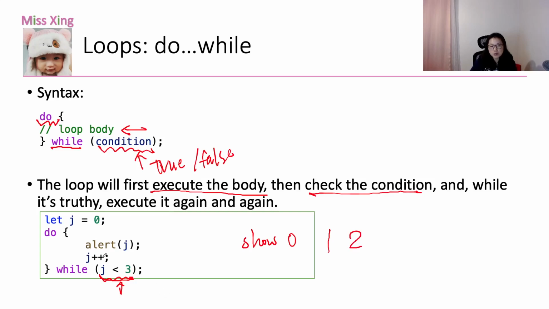Then j++, j is 3 now. We go to check the condition: 3 is not less than 3, so the entire loop exits.